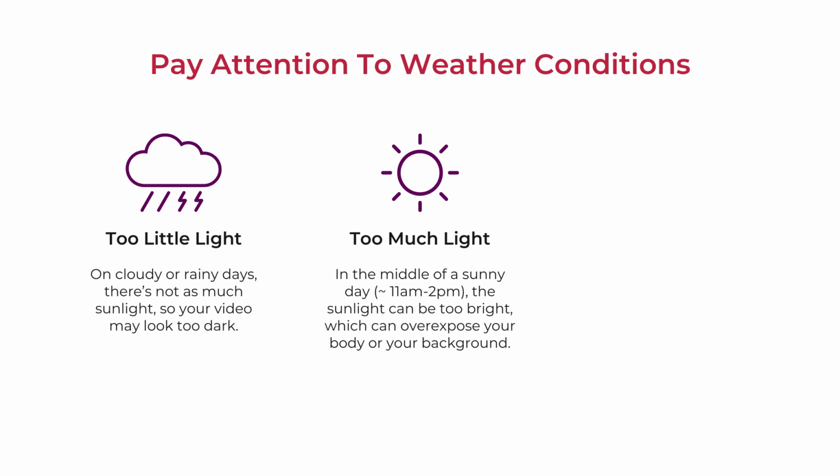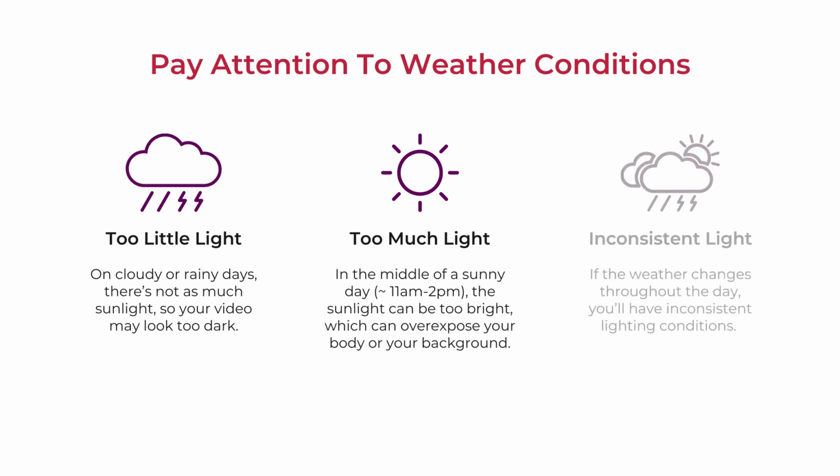And there's a chance that light can overexpose your body or your background so that everything just looks way too bright. And of course, there's the possibility that you'll have inconsistent light, because if the weather is changing throughout the day, like it's cloudy at 1 hour and then really bright and sunny the next hour and then thunderstorming in the afternoon, your light is going to change throughout the day and give you those inconsistent lighting conditions.